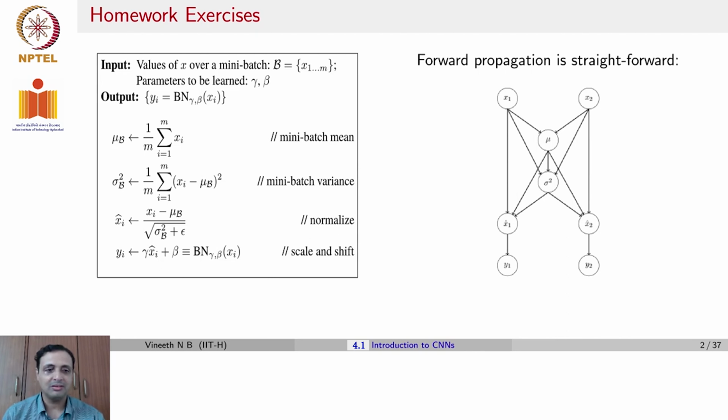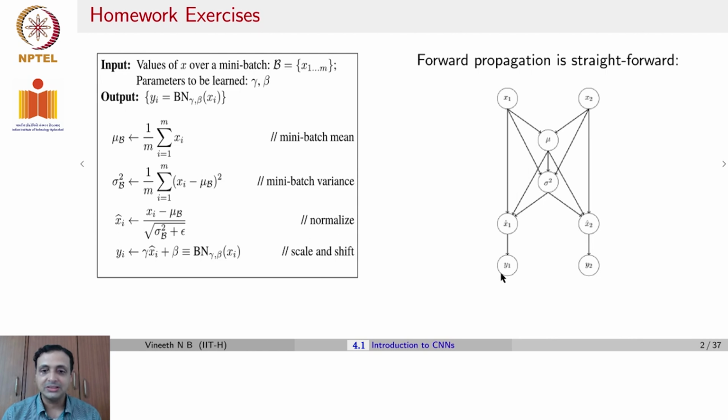So what you see here is the algorithm of batch normalization that we saw last time. Let's quickly review that in terms of how it looks on this graph, what is known as the computational graph. You have forward propagation, which is given by, you're given x1 and x2, and given a mini batch of data, you find the mean and variance of x, the inputs out of a particular layer, the activations out of a particular layer, and then you normalize that data using the mean and variance.